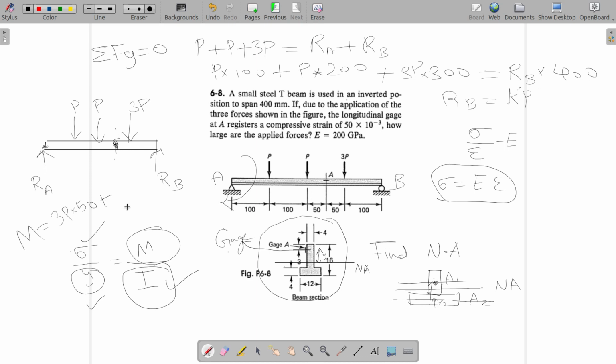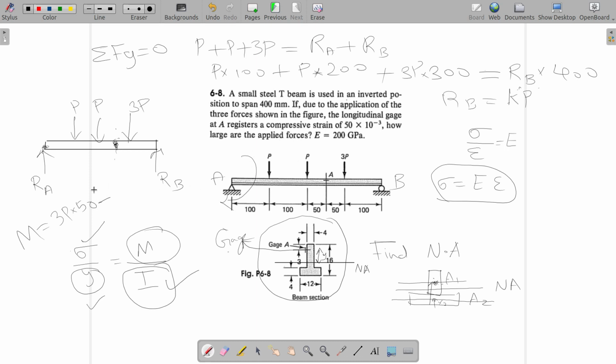We just need the magnitude of M, so we don't need to worry about the direction, because we already know the direction: all these forces are downward, and the longitudinal compressive strain is in the upper part, so the stress will also be compressive.